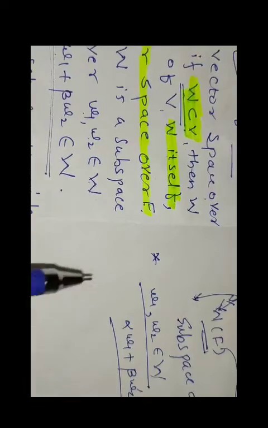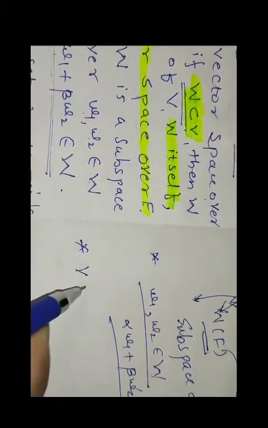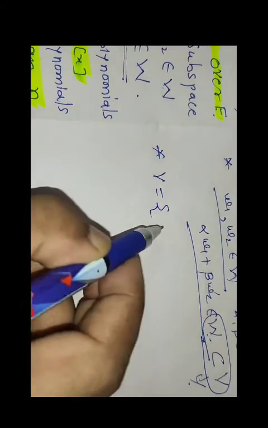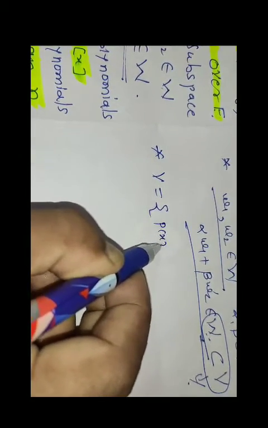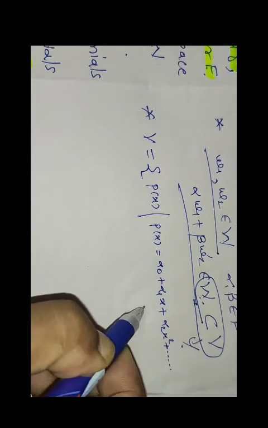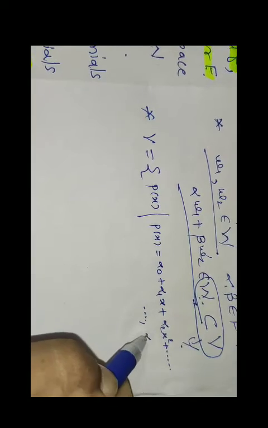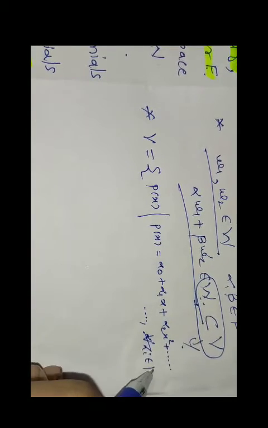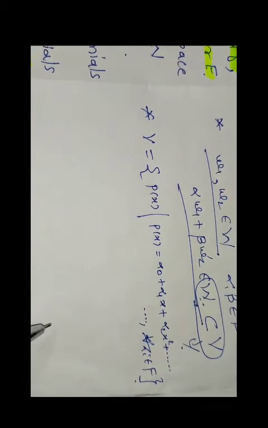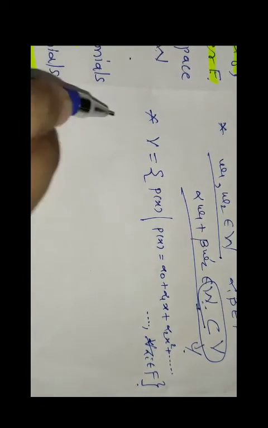You can also verify it. What is V? V is a set of polynomials. I write it as P of X, such that P of X is alpha naught plus alpha 1 x plus alpha 2 x square, and so on, for all alpha belonging to the field F, with no restriction on the degree of the polynomial.